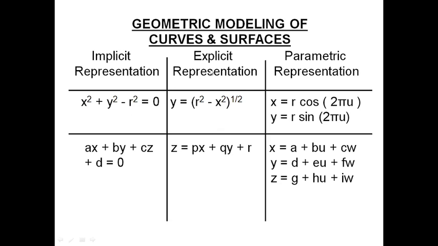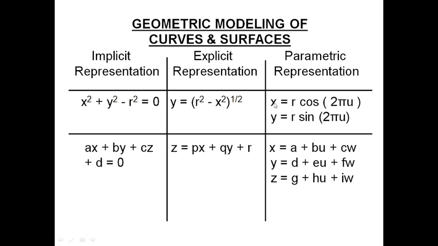And explicit representation is where you have a clear distinction between the dependent variable and the independent variable, as you can see in this equation. On the other hand, in parametric representation, you are notating both the different variables with respect to another parameter.